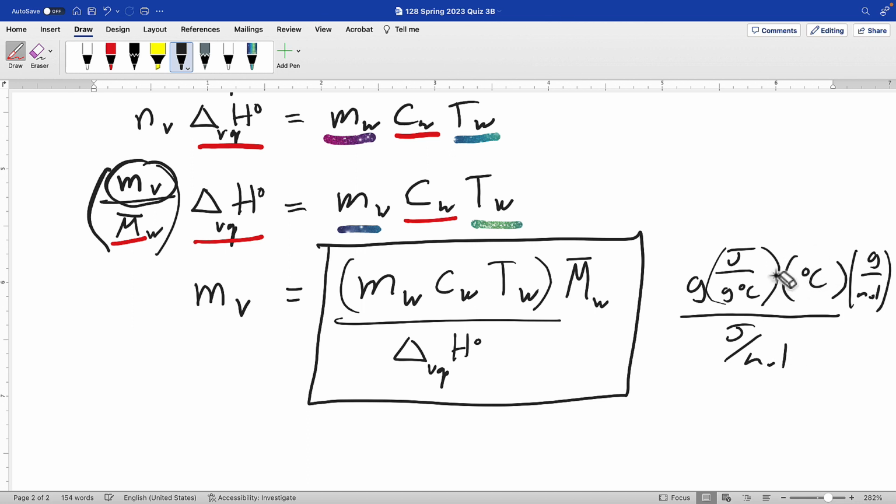If we look at all these things, we can see that the joules on the top and the joules on the bottom are going to cancel. Grams are going to cancel here. Per mole on the bottom and per mole on the top are going to cancel. And our degrees C on the bottom and top are going to cancel. And we're left with grams. We wanted to find the mass in grams, so that works. So now we're really confident that this answer is right.